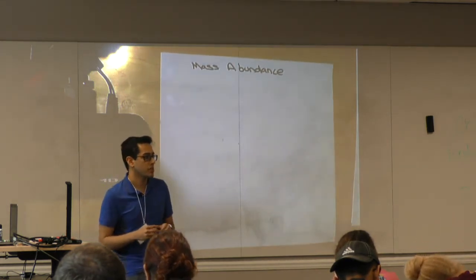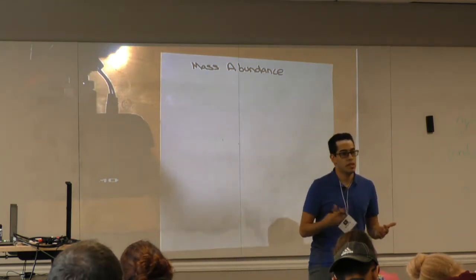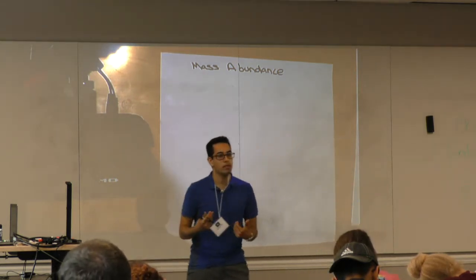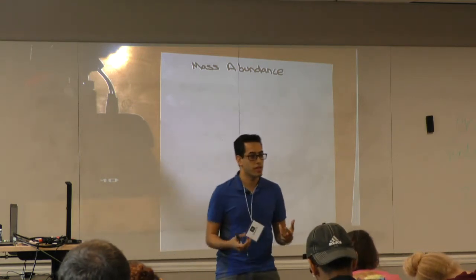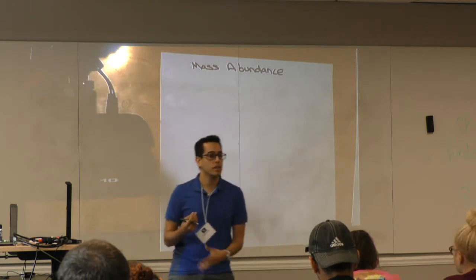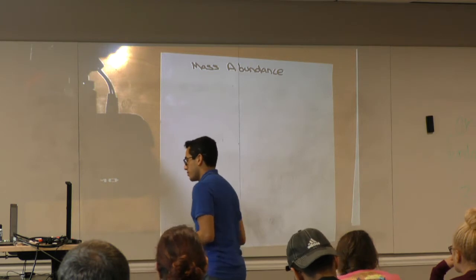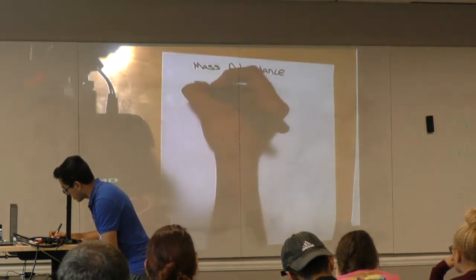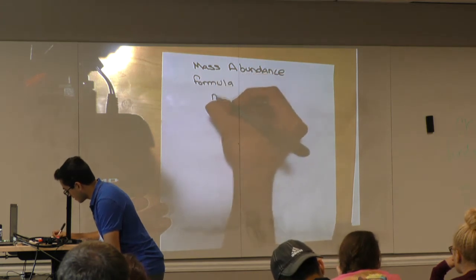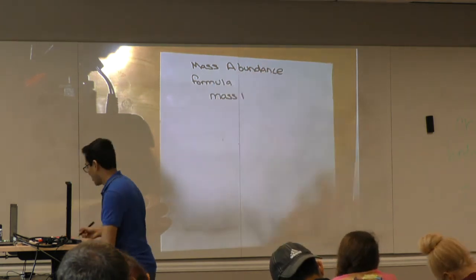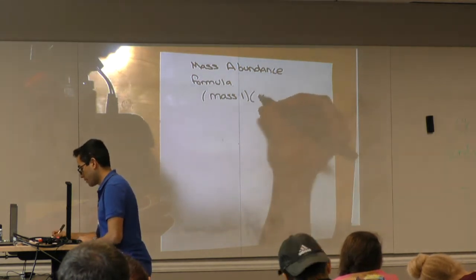Mass abundance is just this idea that there's a limited amount of isotopes and elements within the world. So we can devise a formula that can calculate, depending on how much percentage of this isotope is present, the actual average atomic mass of an element. And so the formula for that looks something like this. You have the mass of your first isotope, and you multiply that by its abundance, or its percentage.